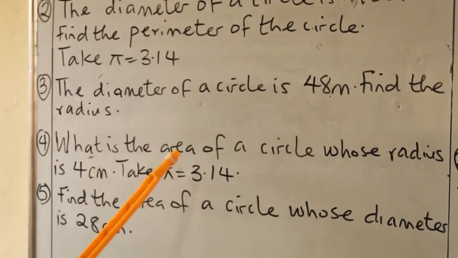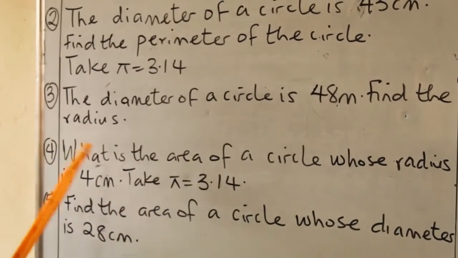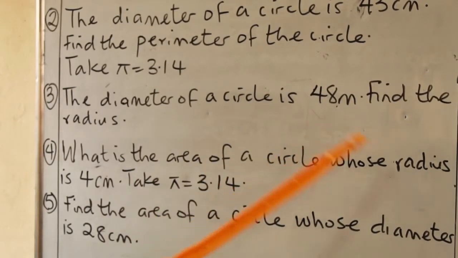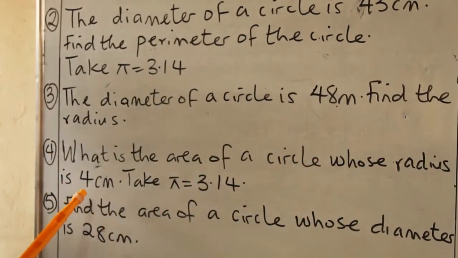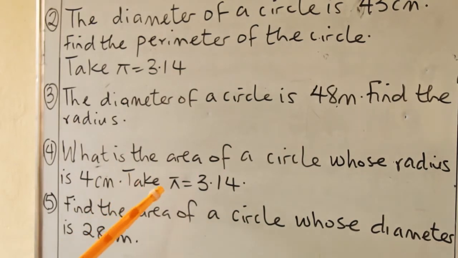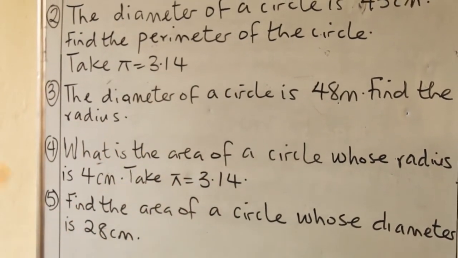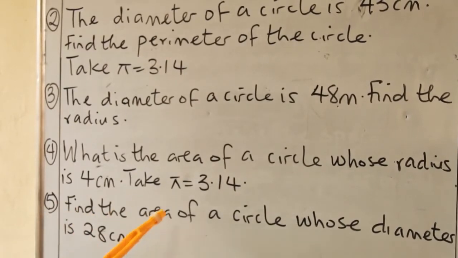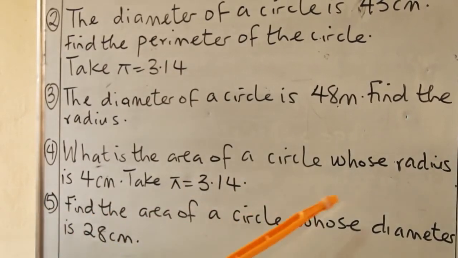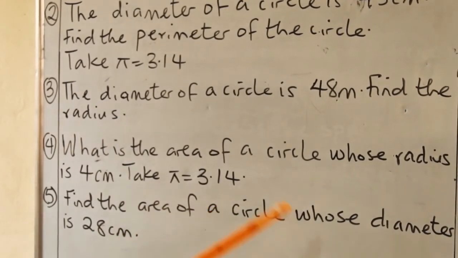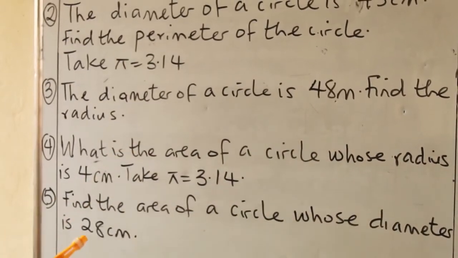Take pi equal to 3.14. And lastly, find the area of a circle whose diameter is 28 centimeters.